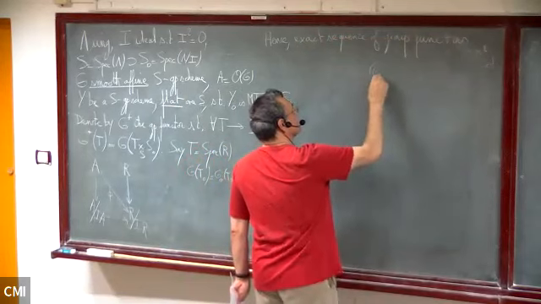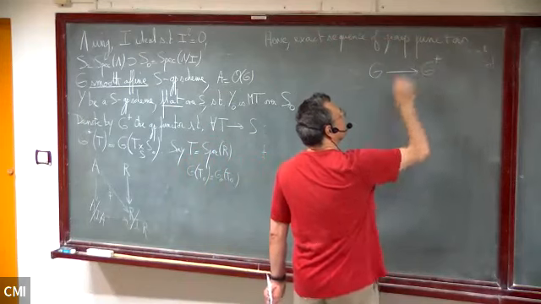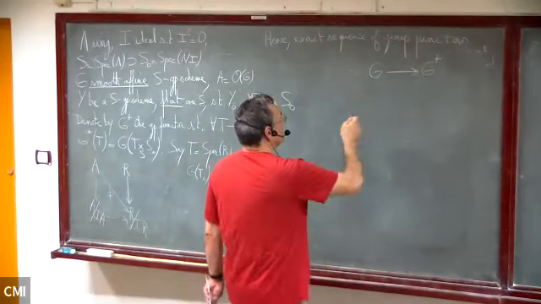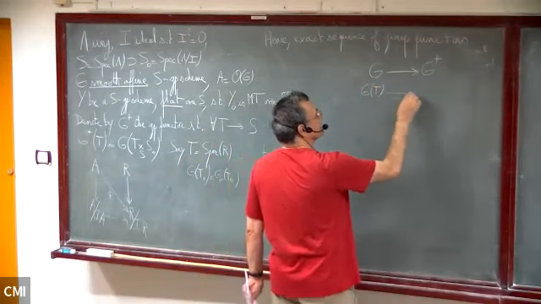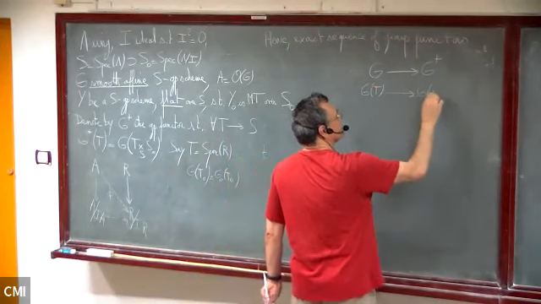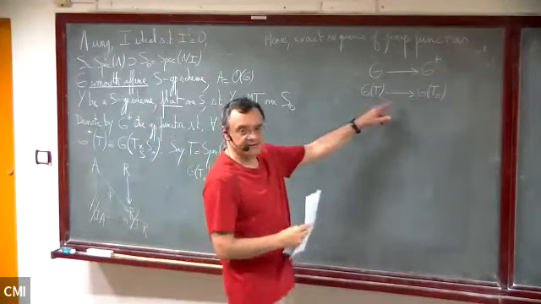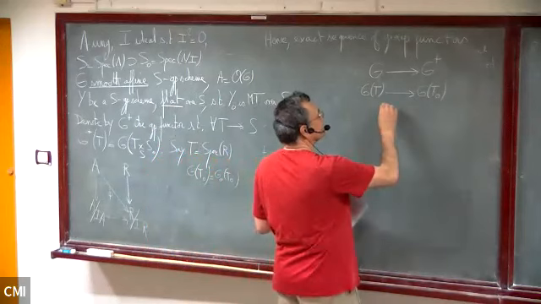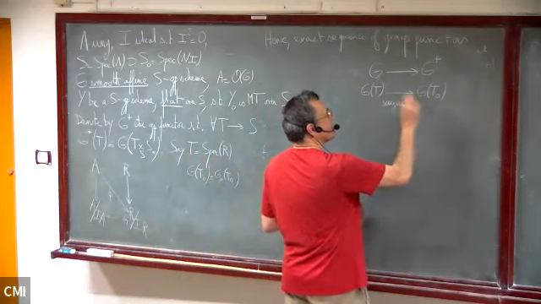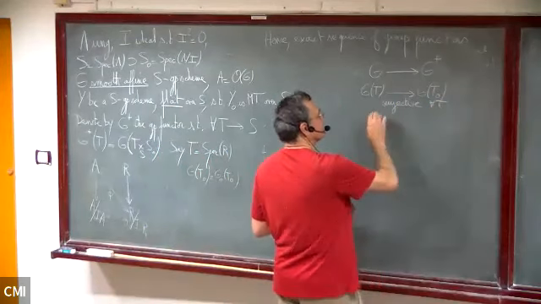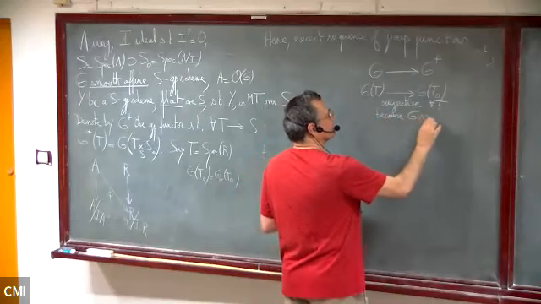So G sits in the middle, and it goes to G plus. And so on any T points, there is the induced map like this. And this map is always surjective, for any T, because G is smooth.